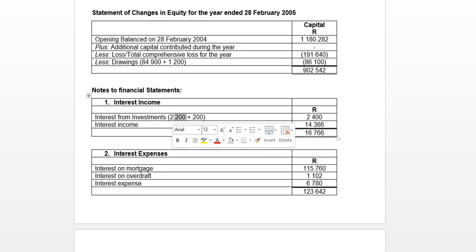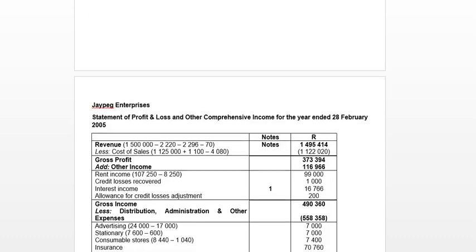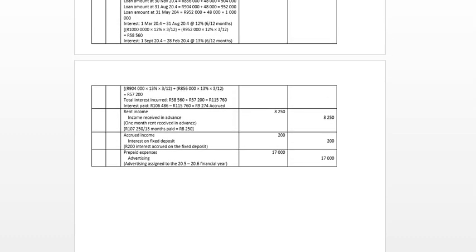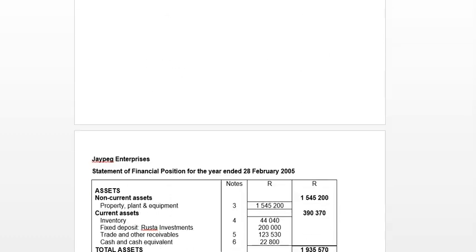But our fixed deposit, remember, we had an accrued income of 200 Rand. So if we go to this one, our interest on fixed deposit, we still need to receive 200 Rand on this fixed deposit. So our income has to increase by 200 Rand.